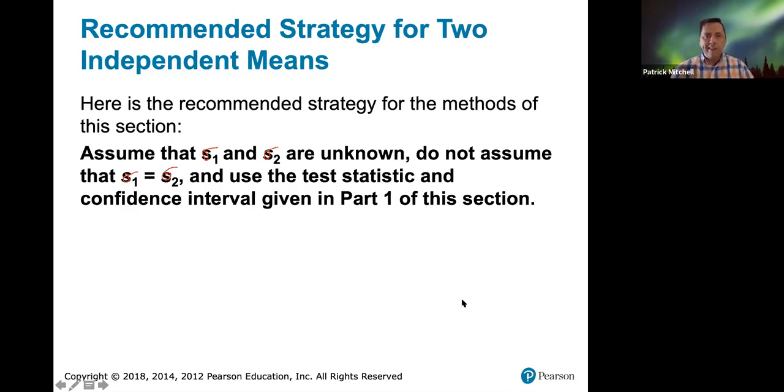And use the test statistic and confidence interval given in part 1. You only use these alternative methods if you know, first of all, that the two population standard deviations are equal, or if you actually know exactly what they are. But normally you don't know that. And that's going to do it for section 9.2.